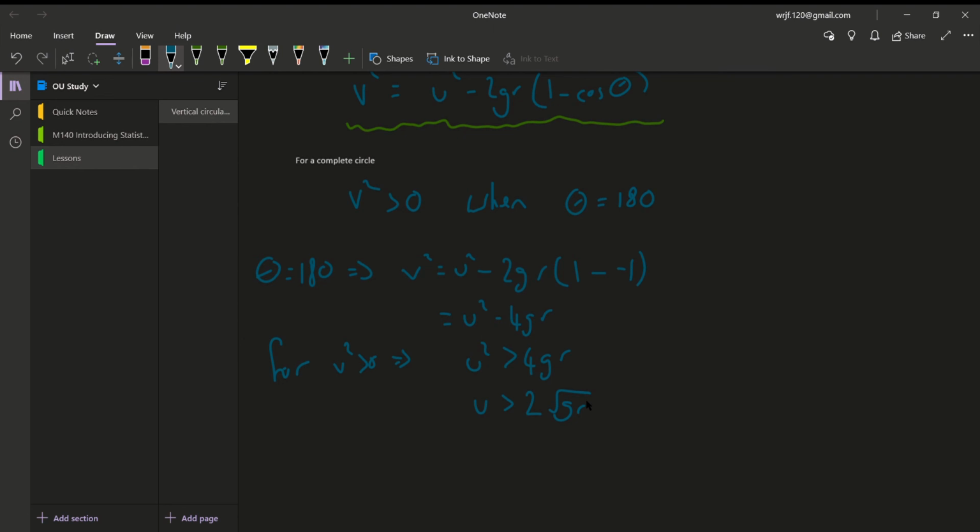And we can go on and think about tensions. Once we've got an expression for v squared, then we can use our tension and a component of the weight being equal to mv squared over r, and we can start working on forces and all of those sorts of things as well. So the other case to look at is when things can leave their circular path, and that will come up in a different video.